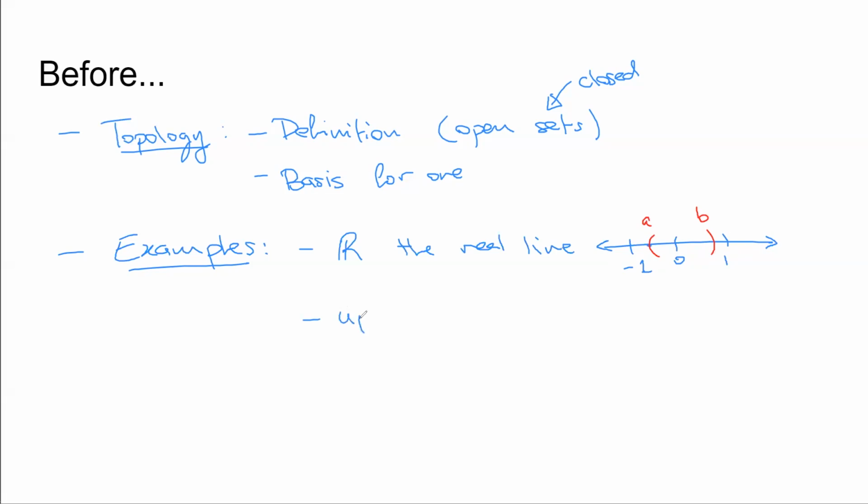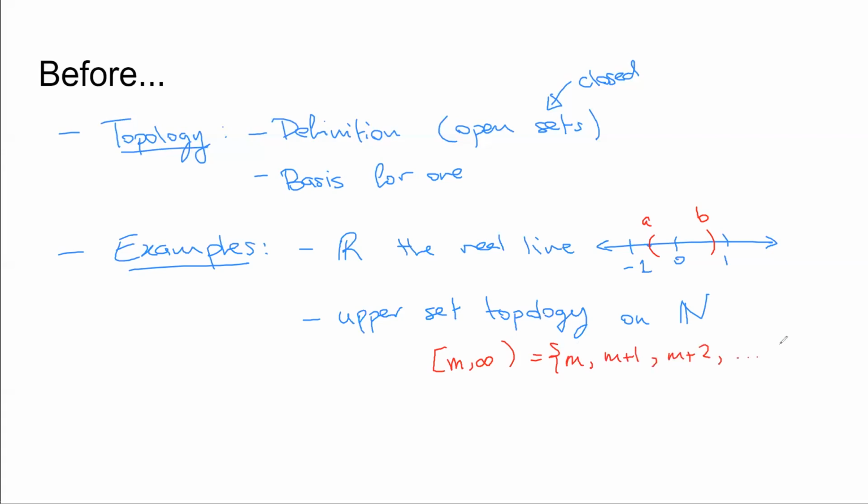There's also the upper set topology, and there are multiple of these. I think the one that we'll be using most often is the one on the natural numbers. The open sets in this topology are just of the form m off to infinity, which consists of m, and then m plus 1, and then m plus 2, and so on.